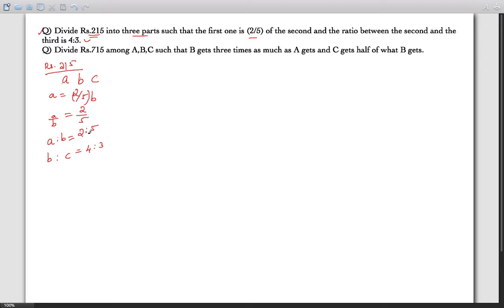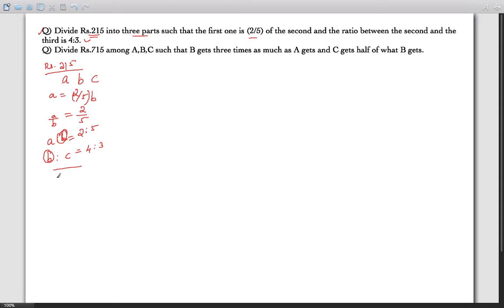The procedure here in these cases is, see, you have one element common. This is A is to B and this is B is to C. So you have B common here. Now you must remember the property which I have discussed in my previous videos about the ratios.